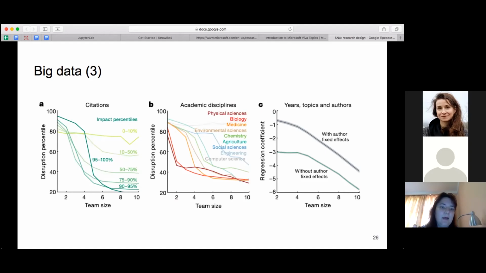So at least 3-4 people can produce something very disruptive. If you have a larger group, your disruption index and the novelty of your research has a tendency to be lower.